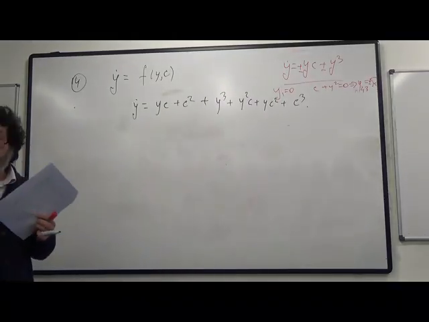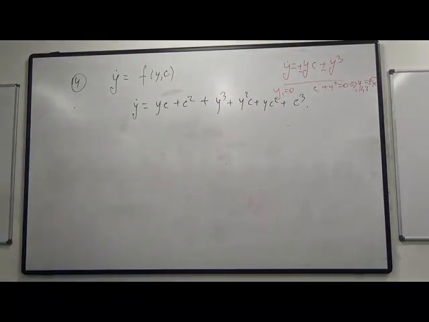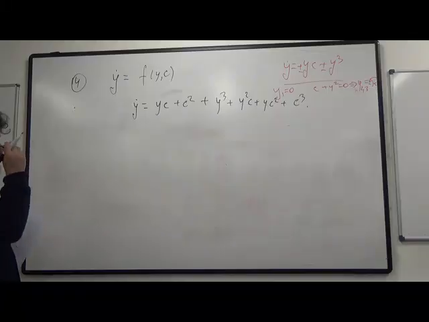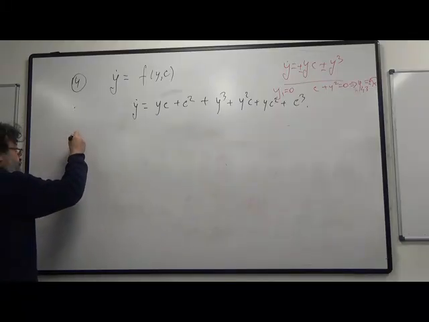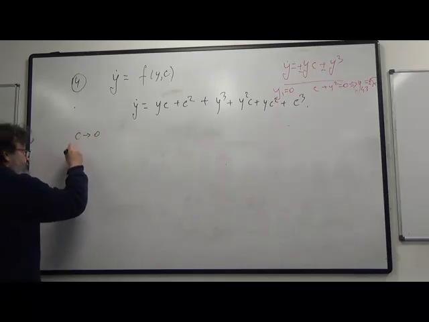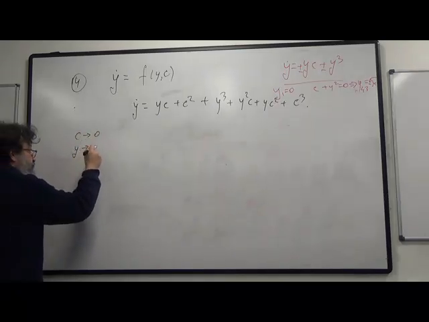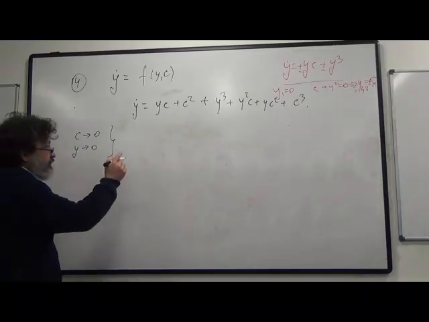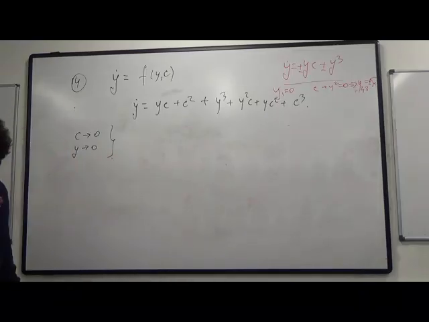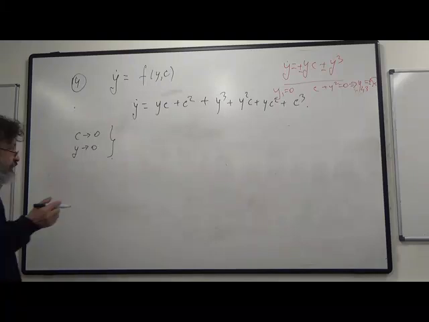At least we need one cubic term, but we don't know which one. For now we have all of them. So the question here is that c tends to 0, y tends to 0, and if these two tend to 0, then what terms are considerably smaller than others? Which terms can we ignore?